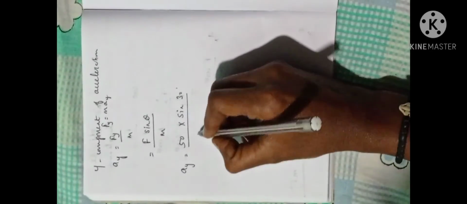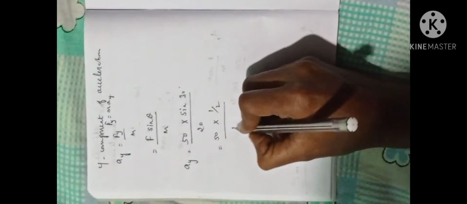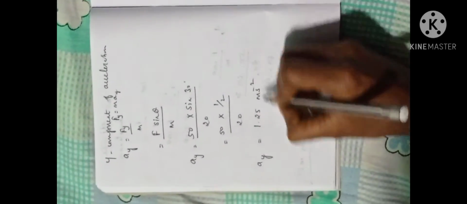So ay is equal to 50 into sine 30 degree divided by mass of the object, 20. Sine 30 is 1 by 2, so 50 into 1 by 2 divided by 20. By solving we get ay equal to 1.25 meter per second square.